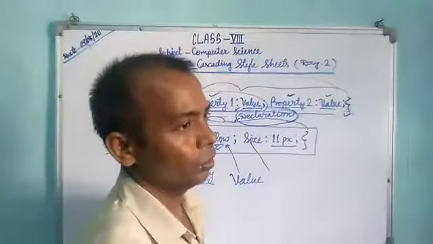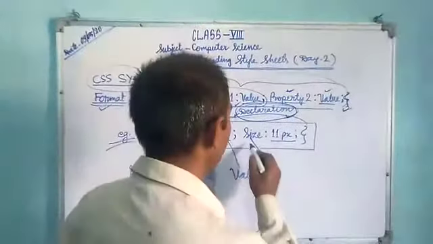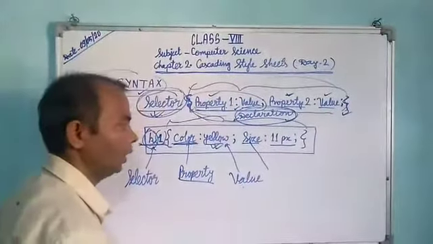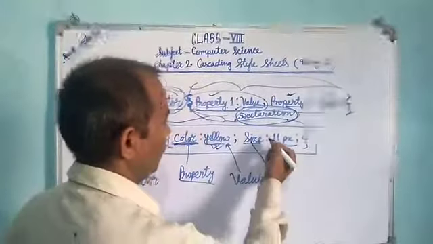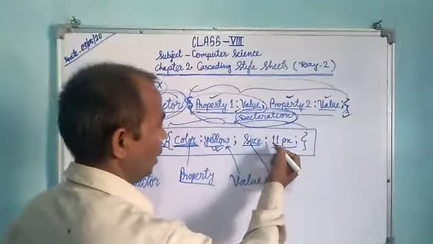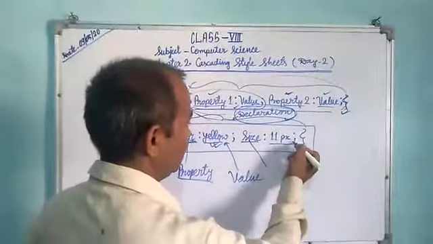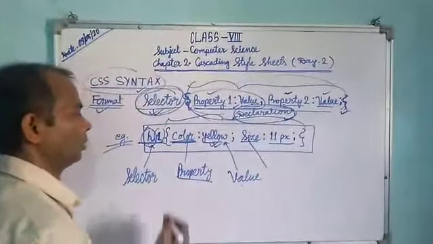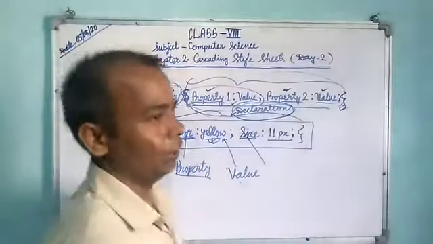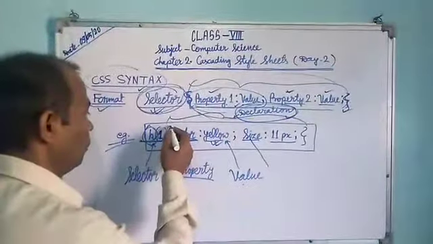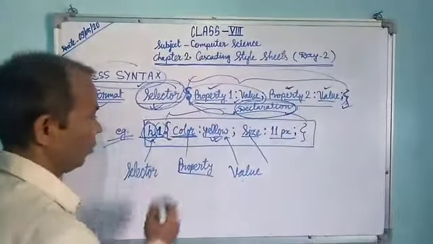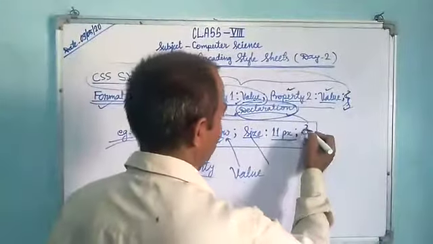Again we also require a second property, that is the size of the heading. So this is 11 pixels. Again we write the colon and the semicolon. After writing each and every property, the whole declaration is surrounded by curly braces.